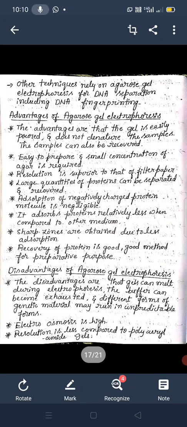Next, advantages of agarose gel electrophoresis. The advantages are that the gel is easily poured and does not denature the samples, and samples can also be recovered.